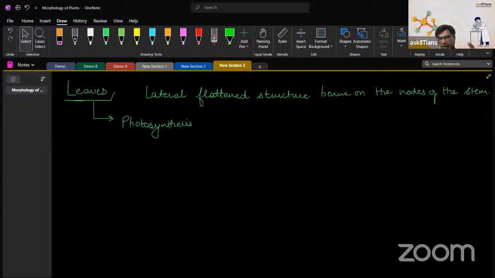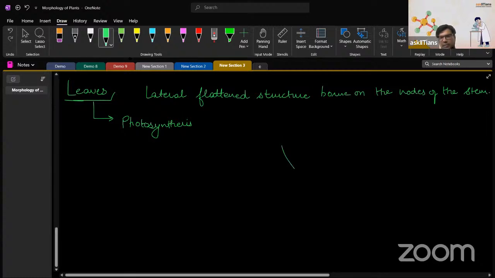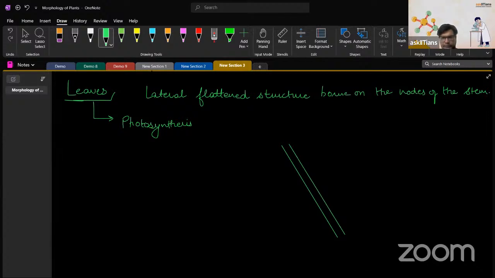Now the leaves basically originate from the apical meristem and are usually arranged in an acropetal order. But before going to that, let's first see the structure of a leaf. Actually, we don't need a diagram for this. I can make one. So this is a branch. Okay, and just a second, guys.